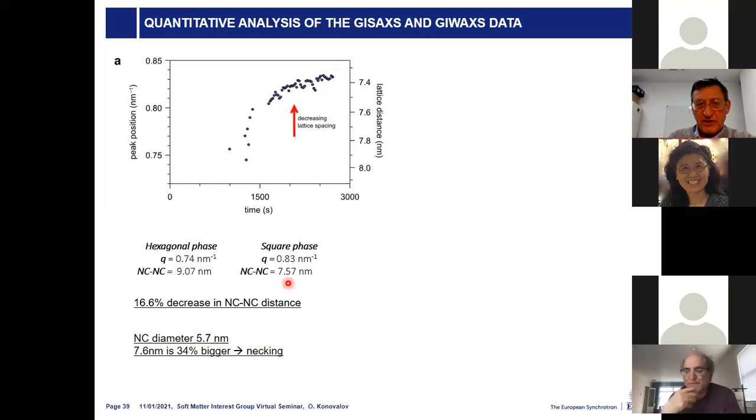So there is a contraction in the cell, but also a change of the type of the cell. And we have almost a 17% decrease in the particle-particle distance. If we look at the nanoparticle diameter, this is 5.7 nanometers, but at the final stage the distance between nanoparticles is almost 7.6. So the distance is 34% bigger than the size of the nanoparticles.